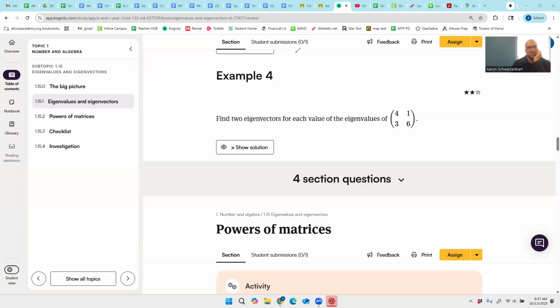So 4 minus lambda. And you pretty much need to show this work. It's really important to learn how to do these by hand, even though the calculator can do them. Also, you're going to have problems in the assignment with variables in there.